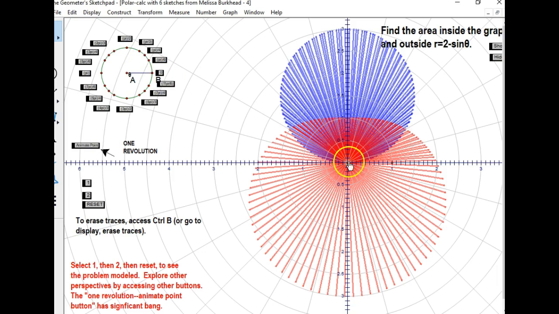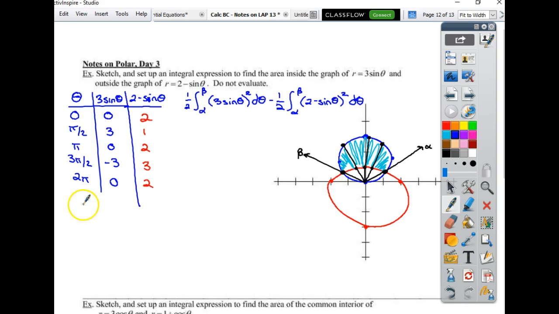So what I need to find is I need to recognize that between here and here, I need to figure out what those 2 points are, don't we? So how do I find out what those 2 points are? Right, those are intersections. Just like everything else in math, we set the intersections equal to each other. So if I set 3 sine of theta equal to 2 minus the sine of theta, then what are we trying to do?